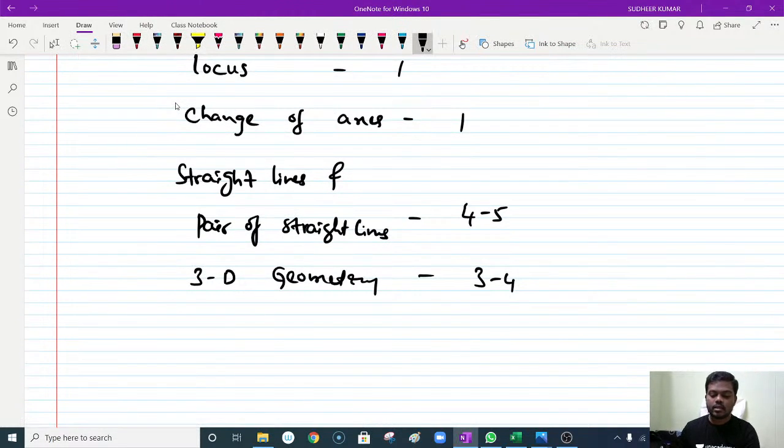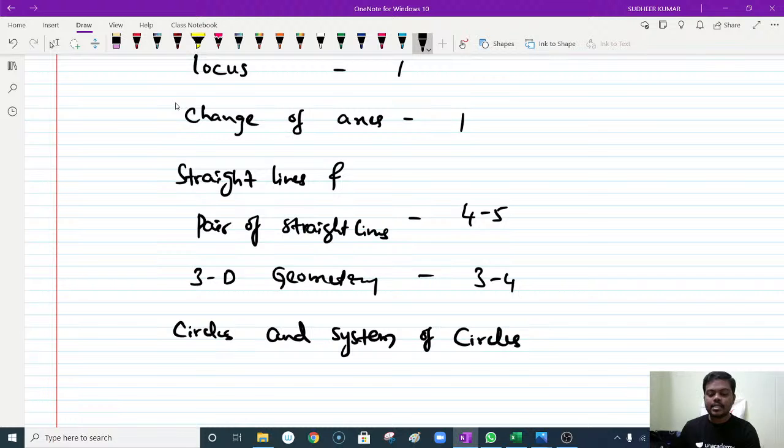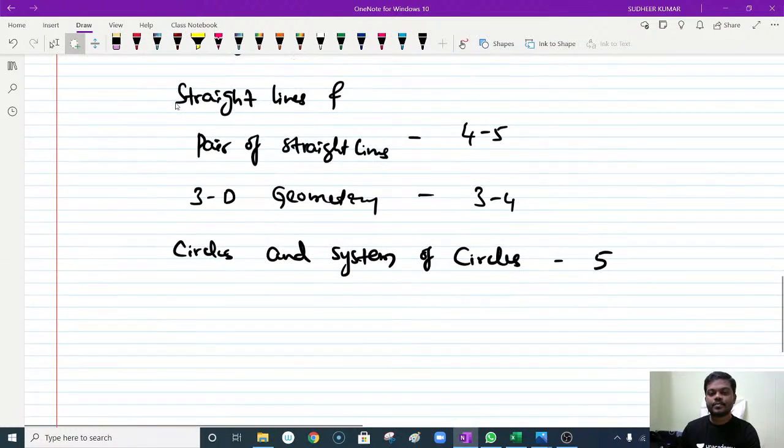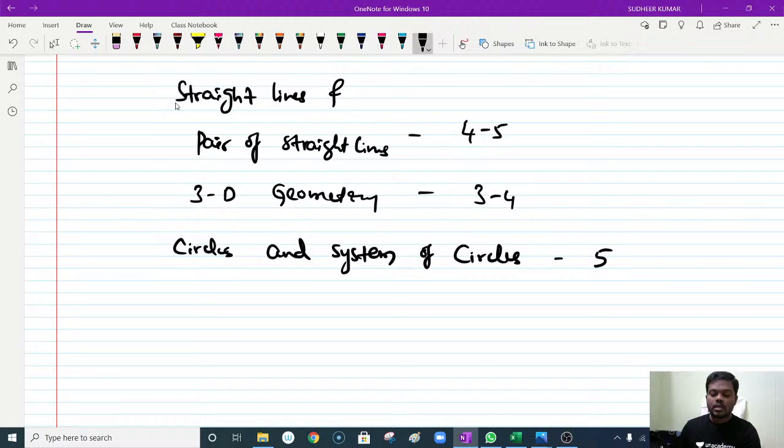Next, circles and system of circles are 5 marks. Conics, conic sections, 4 marks. This is about coordinate geometry.